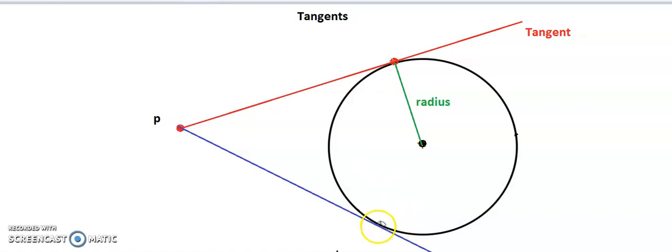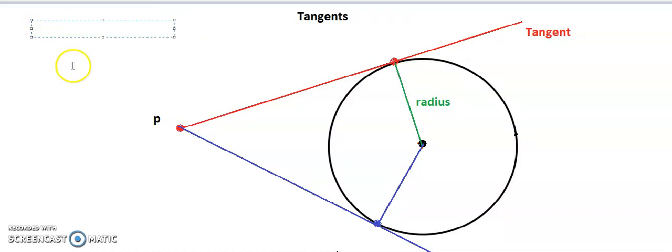So I'll put a dot at that point. Likewise, again, going straight to the center of my circle, it turns into a right angle. So that's one of the properties.